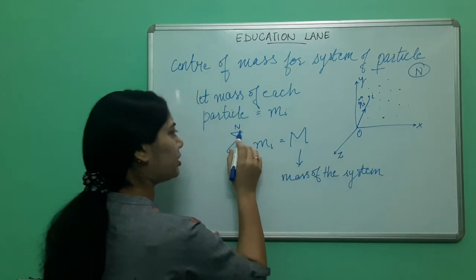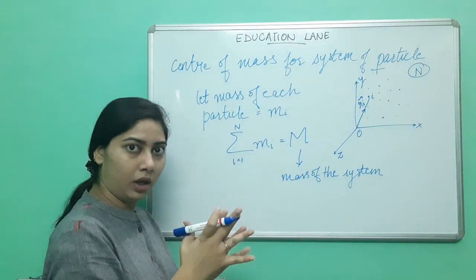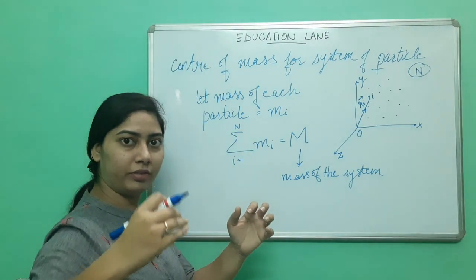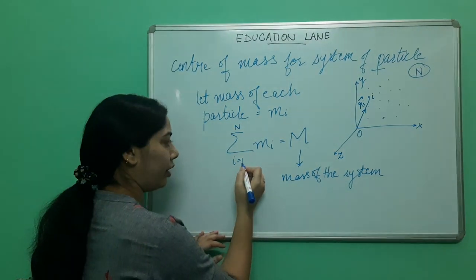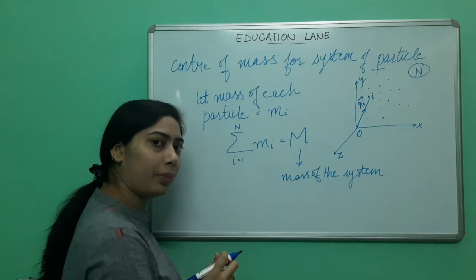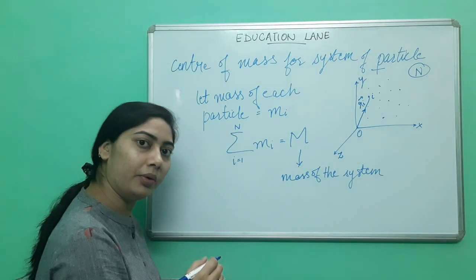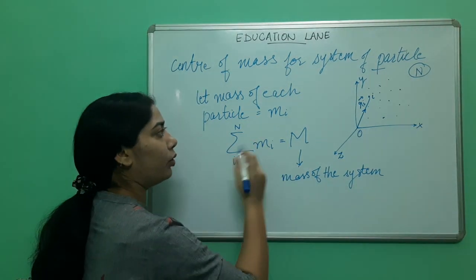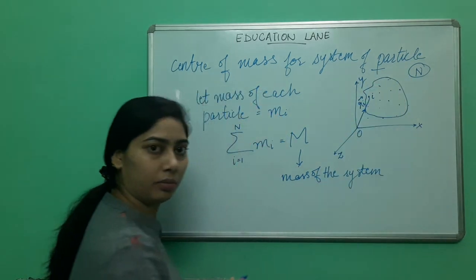Now, what does the summation mean? It means I am summing up all the masses of the particles varying from particle number 1 to total particles n. Suppose there are 10 particles, then it will go from i equal to 1 to i equal to 10, and that will denote my total mass of this system.